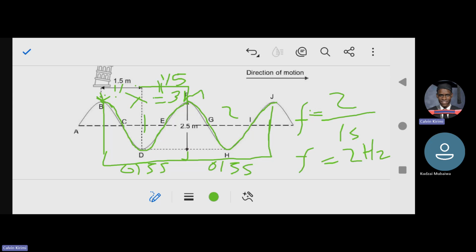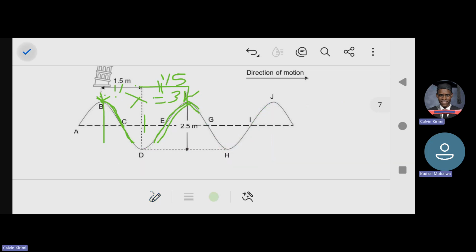We have calculated the number of cycles. 1, I reached it. Now I'm repeating myself, down, up. What is the time? Time, 1 second. So always make sure that the time you convert to hertz is per second. Always it will be per second. Then you know that is your frequency.